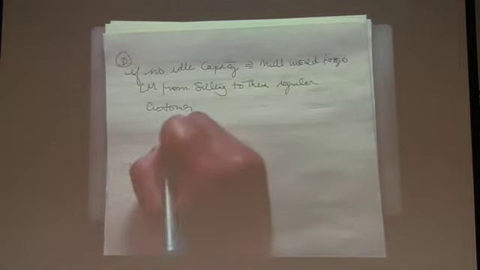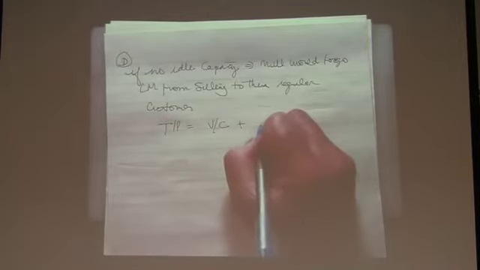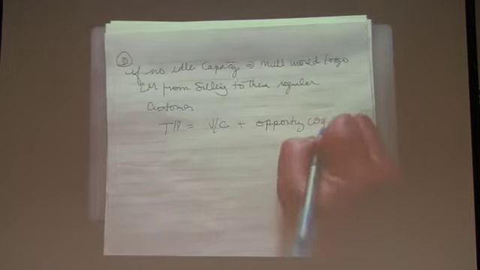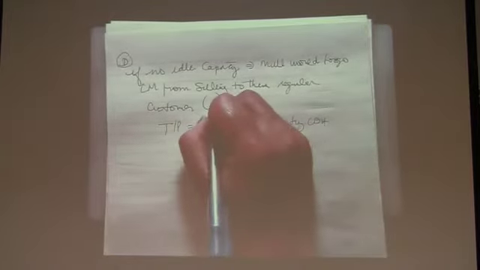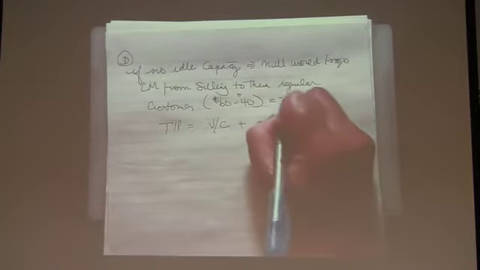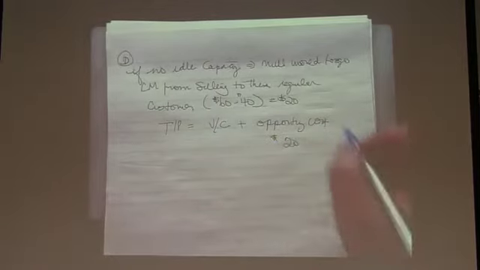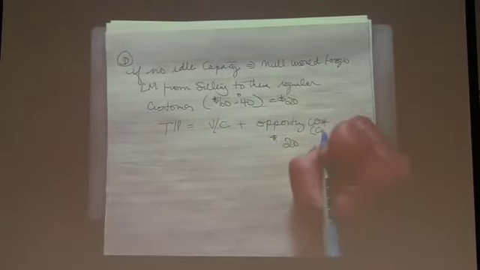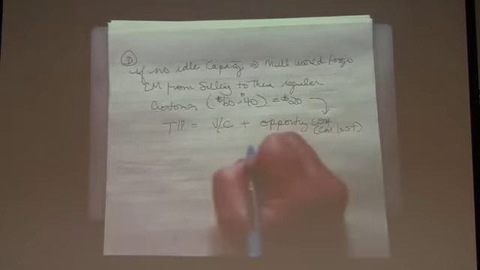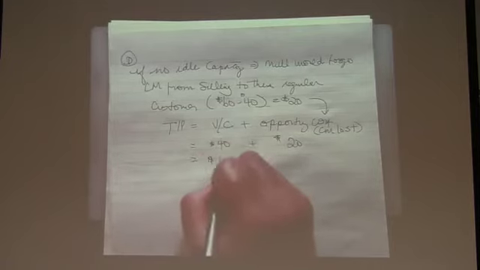So the transfer price would be the variable cost plus the opportunity cost. The contribution margin would be 60 less the 40, which is 20. Opportunity loss would be the contribution margin loss plus the variable cost of 40. We're back to our $60 transfer price.